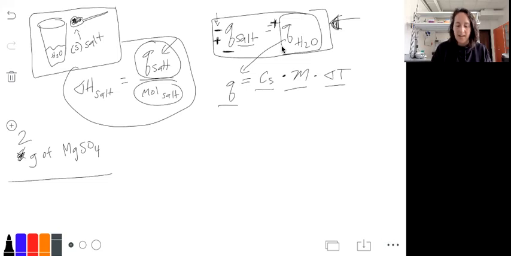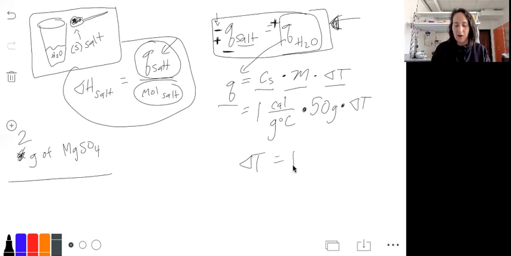So Q for the water: we know the specific heat capacity of water is 1 calorie per gram degree Celsius. We know the mass of the water: we had 50 milliliters, and the density of water is 1 gram per milliliter, so every 1 milliliter weighs 1 gram. So you had 50 grams. And then you have your delta T, whatever your change in temperature was, and change in temperature is always final minus initial.